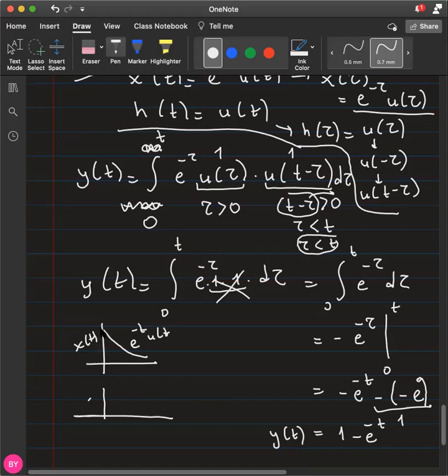So 0 when t is equal to 0. When t is equal to, let's say, 1 over 2, e to the power 1 over 2 is root e.